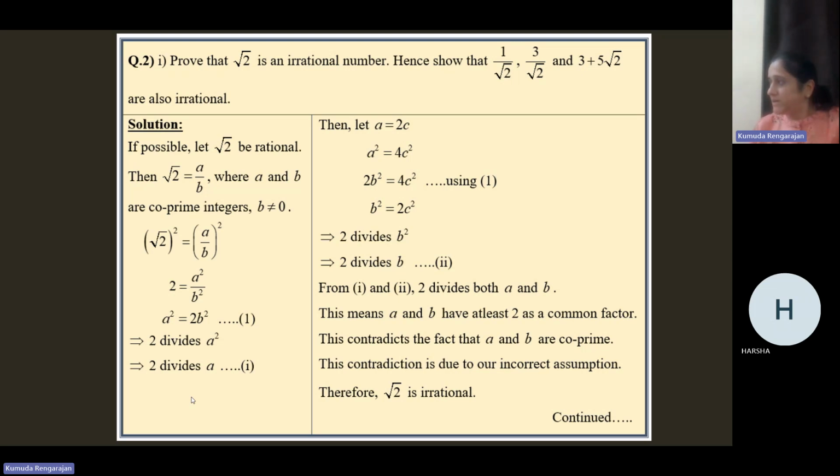This is for a particular chapter, I'm telling you. Not that if I've covered some 4 chapters, every other class you have to go through all the 4 chapters. No, no, no. The ongoing chapter I'm saying. If I'm now doing AP, every other class you come, you should have gone through the portions of AP in the earlier classes, not the other chapters which I've completed earlier. That's practically not possible.